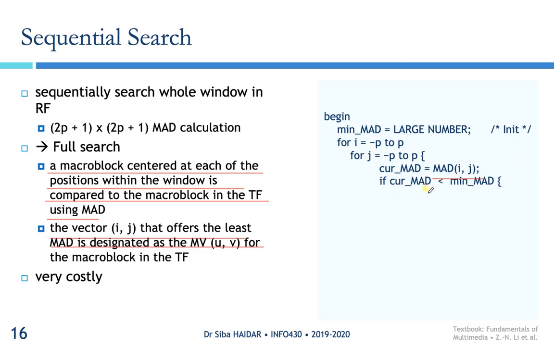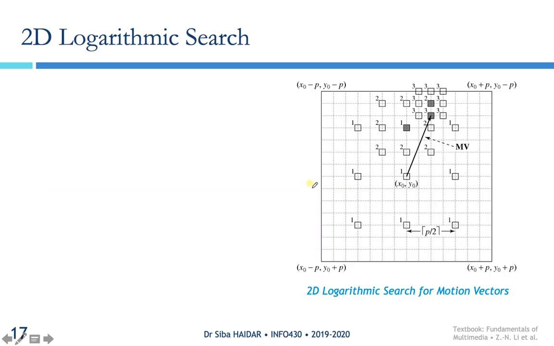If the current MAD that I just calculated is less than the minimum, then this is the minimum. If this is the minimum, the ij that I am now calculating are the motion vector. I am searching after all for the motion vector, so get the coordinates u equal I and v equal j. Else continue the search and do the full search. At the end, return the motion vectors. So this is the algorithm for the sequential search.